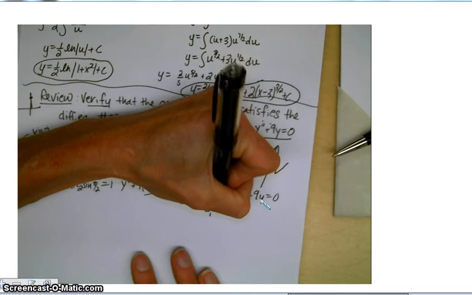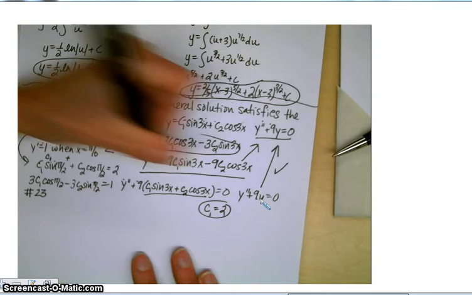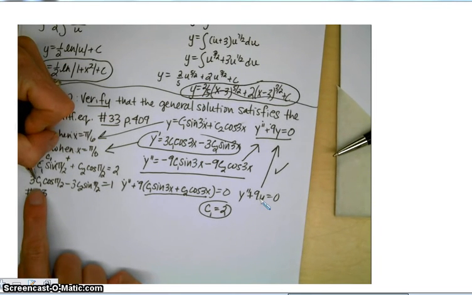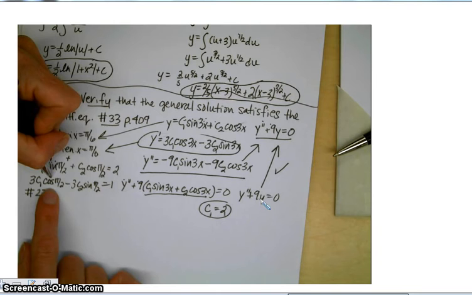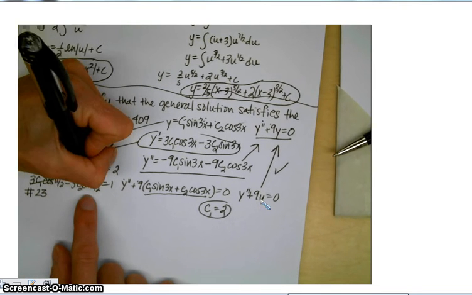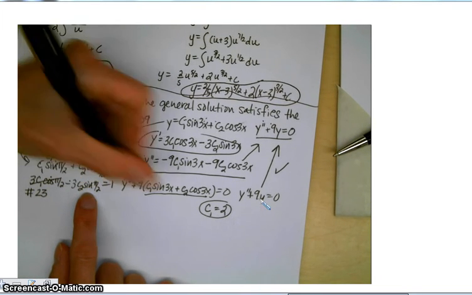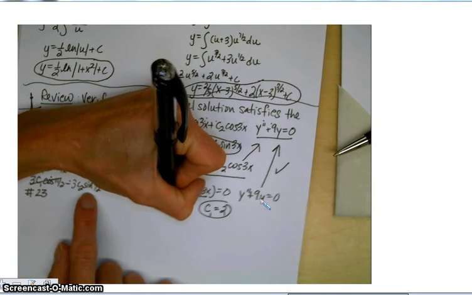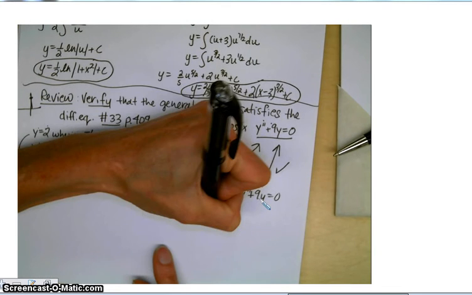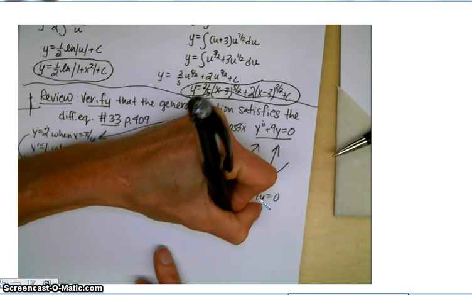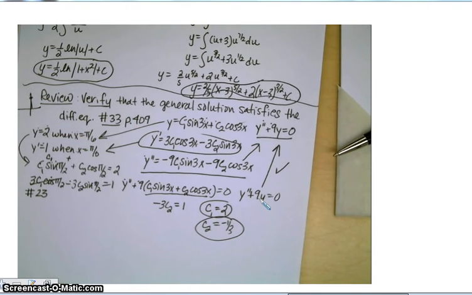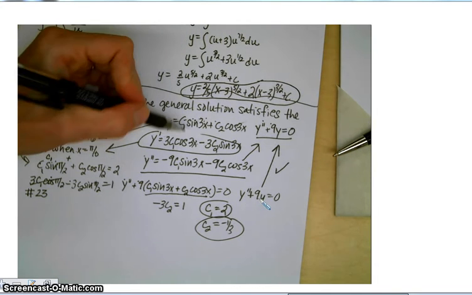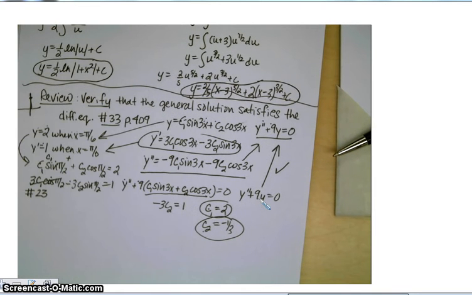And then from here, the cosine of pi over 2 is 0 and the sine of pi over 2 is 1, so I'll have negative 3c2 equals 1, so c2 is negative 1/3. So with those initial conditions, I not only verify that it's a solution, but I can also find the constants.